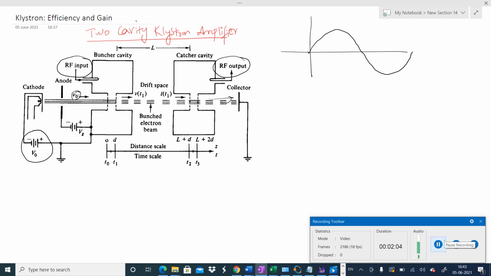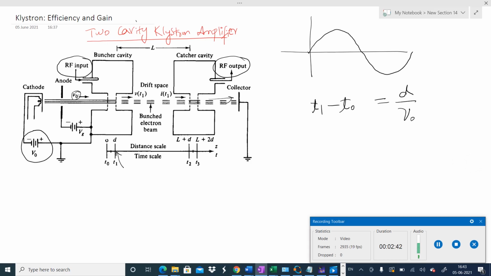This is the overall picture of klystron, and the first thing that happens is what we call velocity modulation. So you have some important terminologies. You have time T1, which is the time when the electron leaves the buncher gap, and time T0, which is the time an electron enters the buncher gap, and the difference is equal to d, the length of the buncher gap, divided by the velocity.